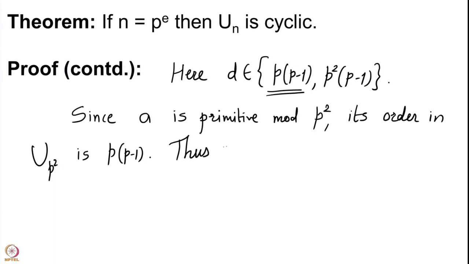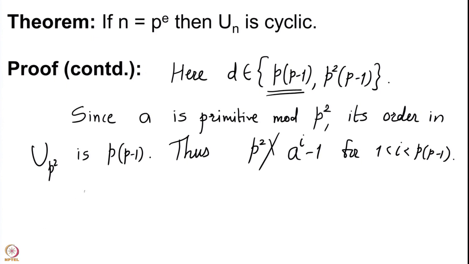Thus, P square does not divide A power I minus 1 for 1 less than I less than P into P minus 1. This is one simple fact that we use.